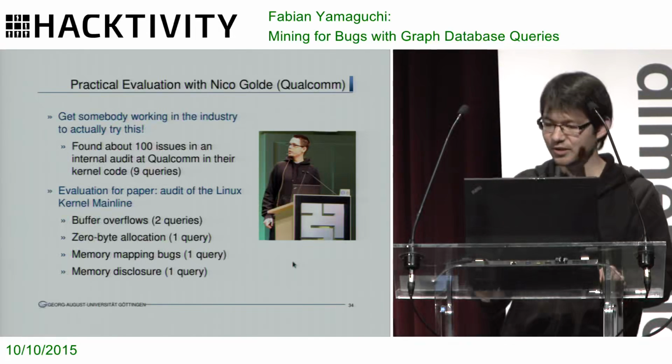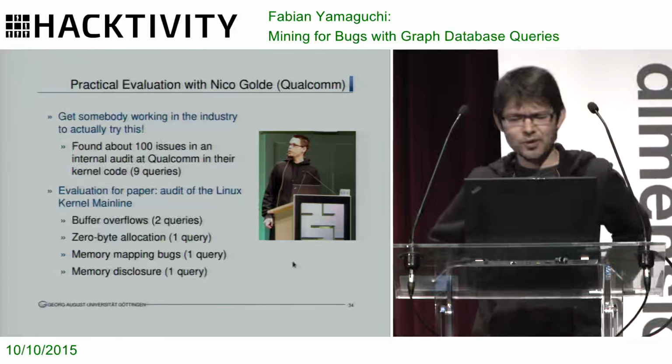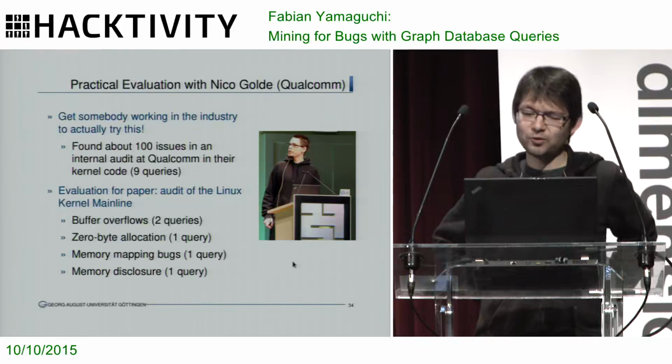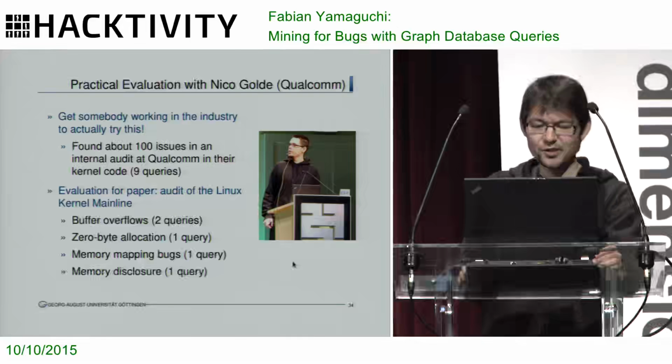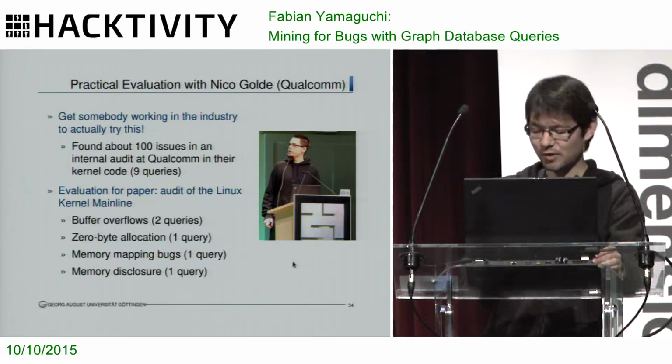So this is my good friend Nico Golde here from Qualcomm, and well, he said that they found about 100 issues in an internal audit. Now I don't know what they qualify as issues, and he was not able to really give this out. But then we also did some open queries that we could share with everyone.